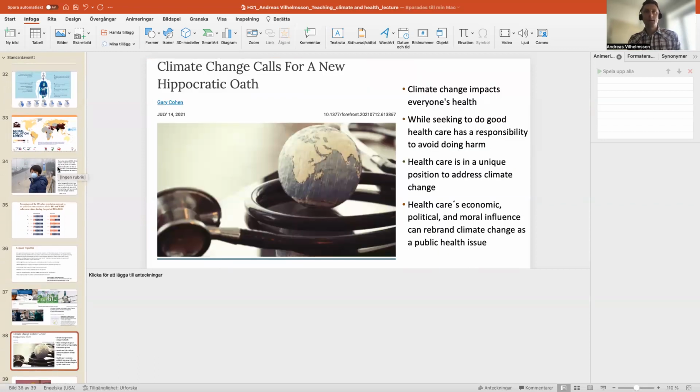So we can say that climate change impacts everyone's health. While seeking to do good, healthcare also has a responsibility to avoid doing harm. And healthcare is in a unique position to address climate change. And healthcare's economic, political, and moral influence can rebrand climate change as a public health issue. This, I think, is very important, that we can finally make this a health question.